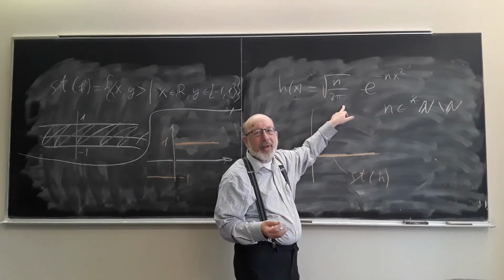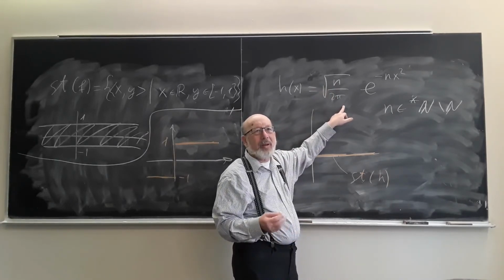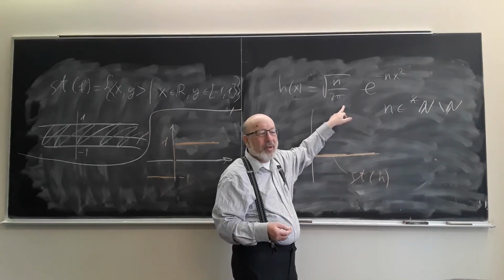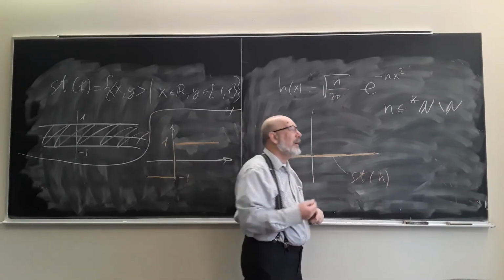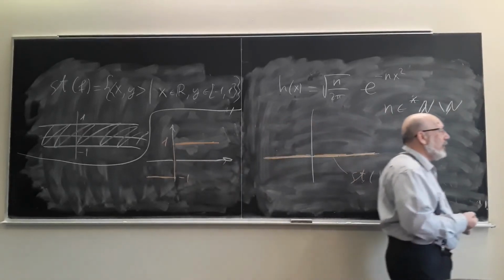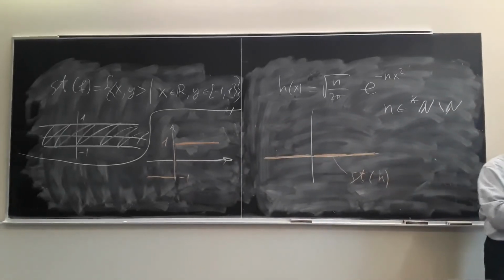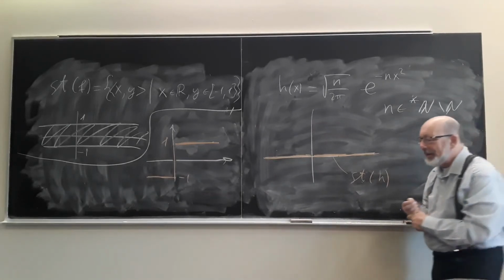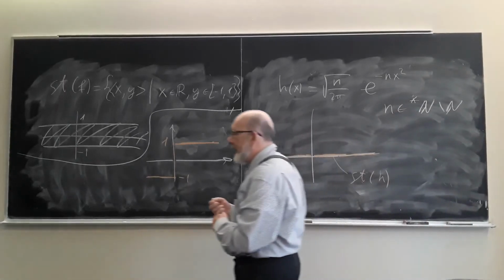If n is infinite, nothing wrong, it's a good infinite number. But in the infinitesimal neighborhood of 0, this function can take any values from 0 to infinity.